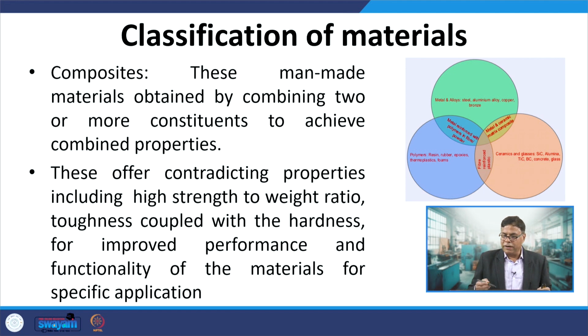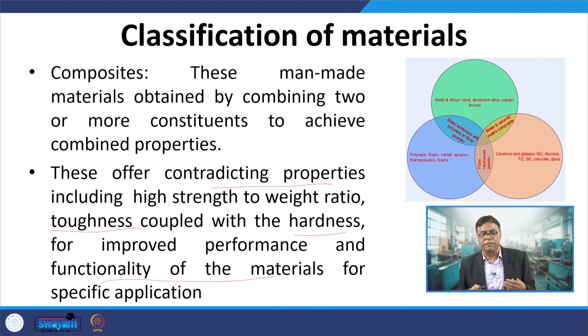In composites each constituent retains its identity, and that in turn helps in obtaining contradicting properties such as hardness coupled with toughness for improved performance, and realizing the functionality of the material for unique applications like good toughness coupled with electrical conductivity, good hardness coupled with lubricating features, or good strength coupled with electrical conductivity. So, composites help in realizing properties which are difficult to achieve in one given material.